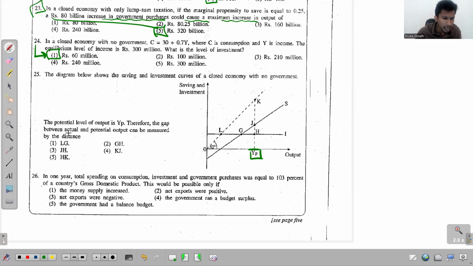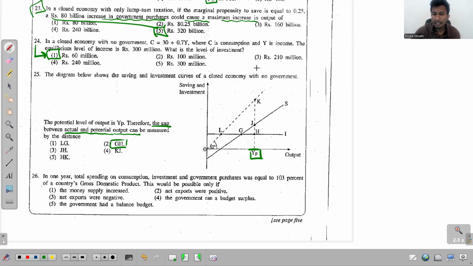Therefore, the gap between actual and potential output can be measured by the distance. All right, so by giving us the potential level of output, they ask us to identify which one of these represents the gap between actual and potential output.